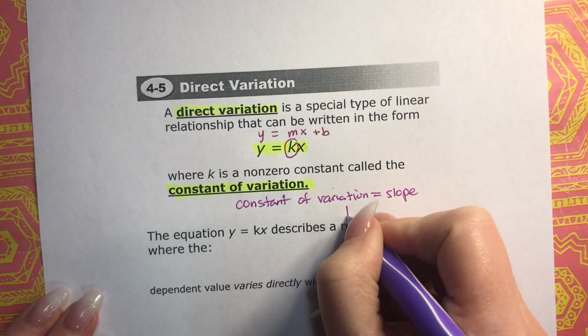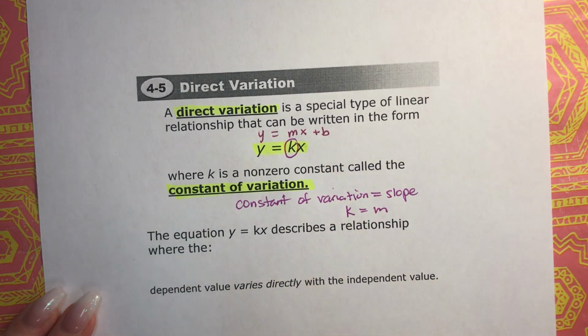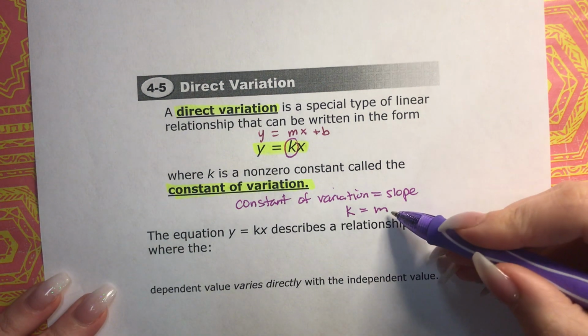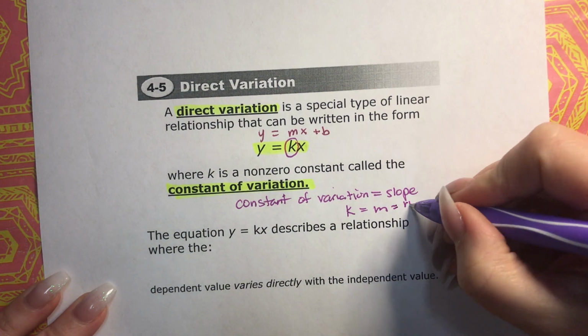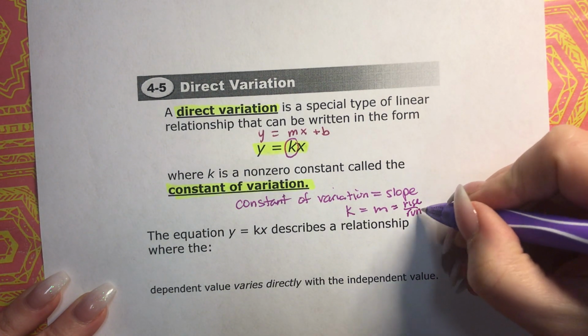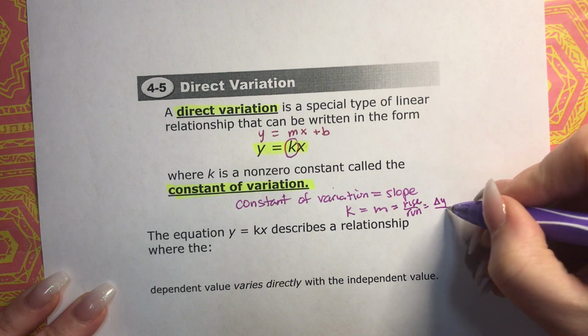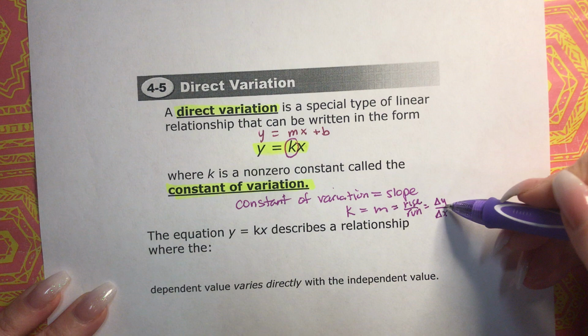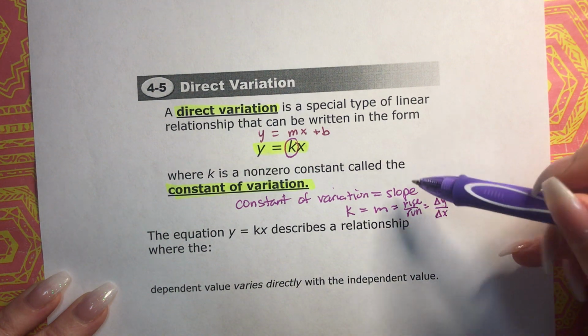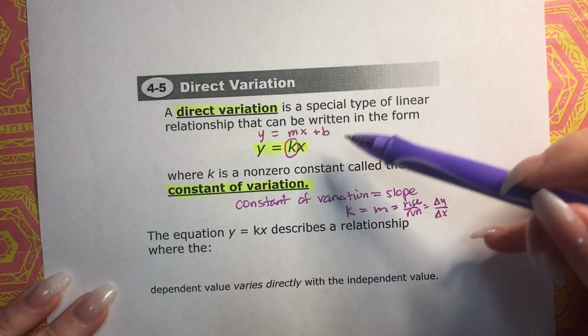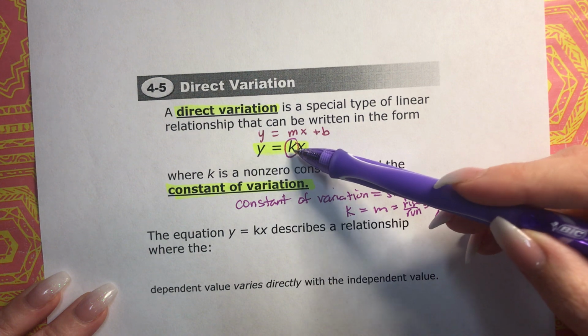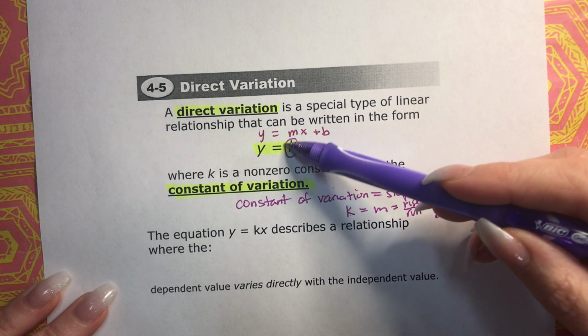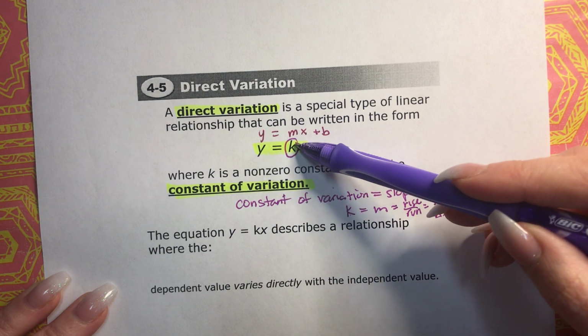So what that means is k is the same thing as m, which means everything you know about m, which is the rise over the run, and it's the change in y over the change in x, and we're talking about rate of change and all that type of stuff. All of that knowledge you already have about the slope applies to the k. So whenever you see this number in front of the x, you know that number is the slope.